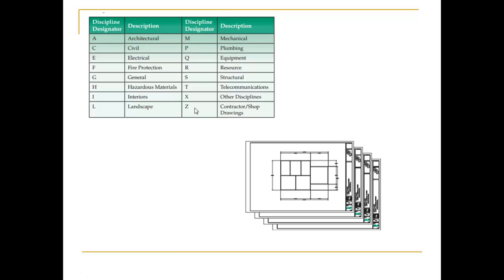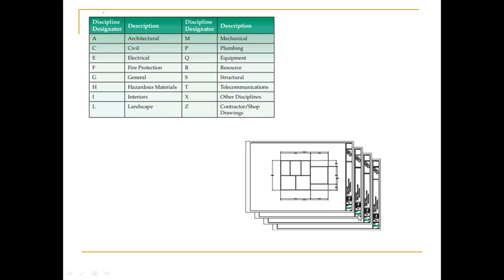All this means is when I look at a stack of drawings like this, the sheet number is always in the lower right corner. So if they're stapled on this end or bound on this end, we can flip through these, and generally most of the architecturals would be in the front. The cover sheet may be under general, so it may be a G100. This might be a basement plan. If it says A100, that would generally be a basement.